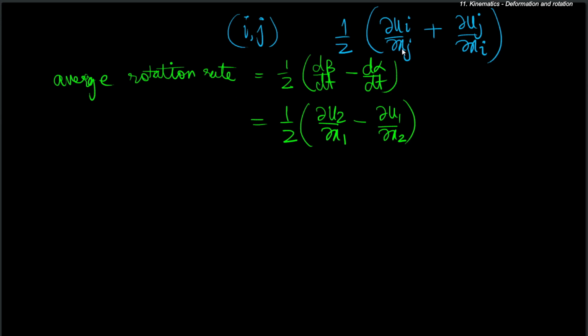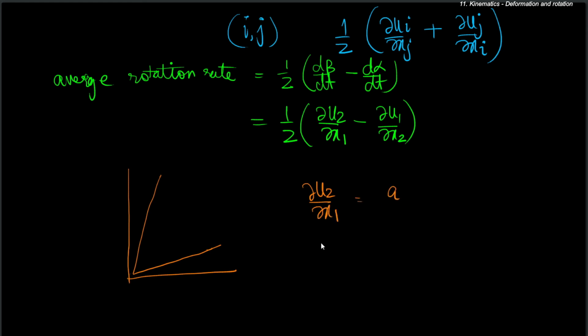So these are the two important results. Now consider the fact that del u2 del x1 is some value a and del u1 del x2 is some value minus a, meaning as x2 increases, u1 reduces.